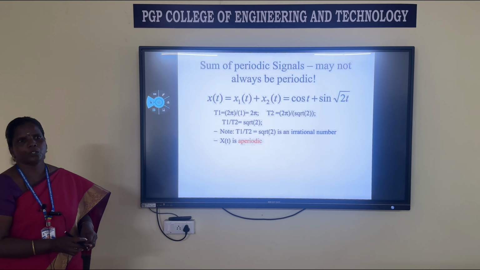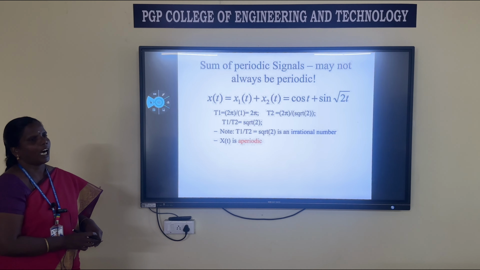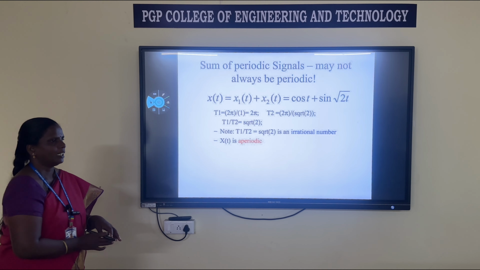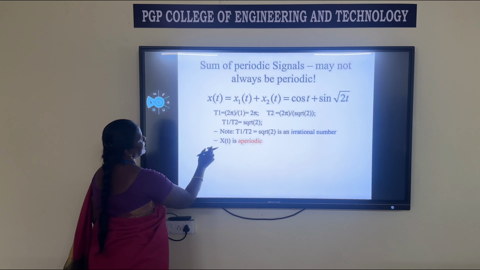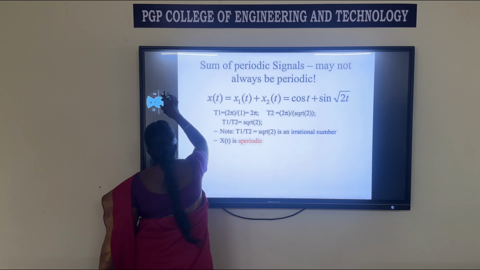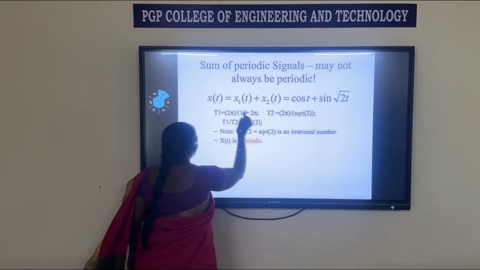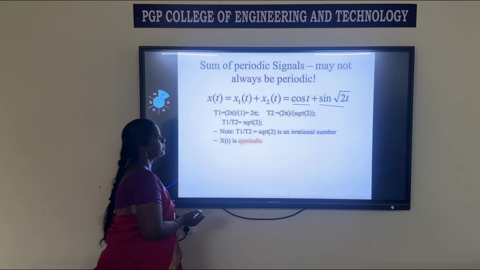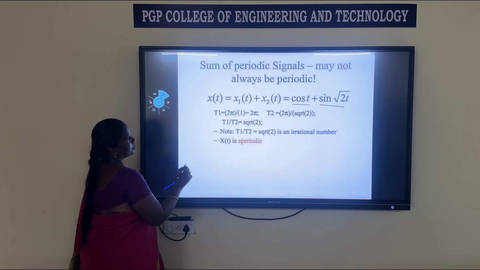We can sum two periodic signals, but the result is not always periodic; it may be periodic or aperiodic. For example, consider two signals here. One is A cos t, another one is A sin root 2t.